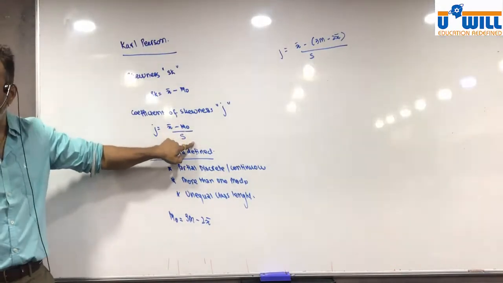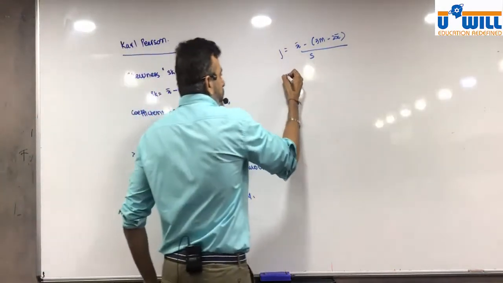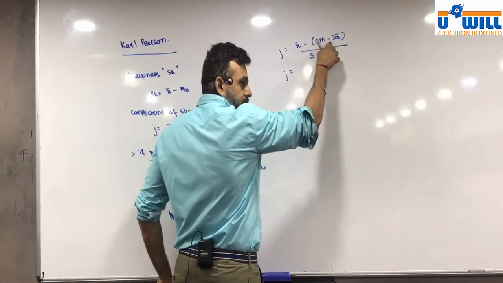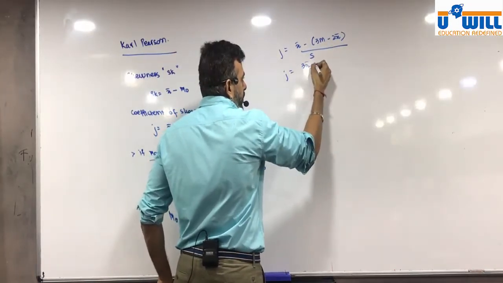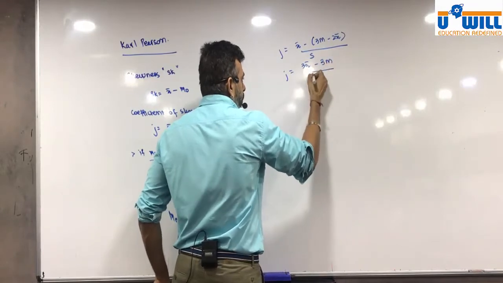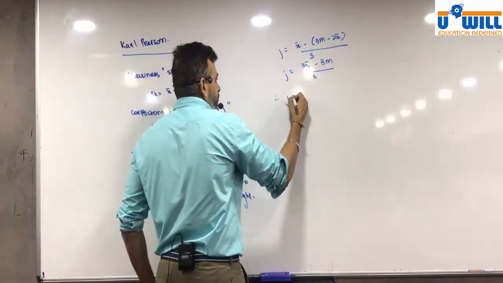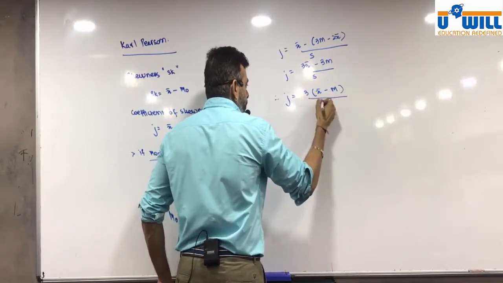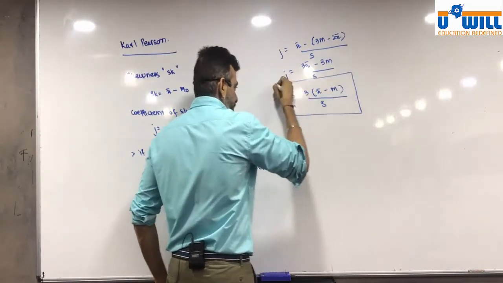Now J is equal to x bar minus, and minus will become plus, so it will be 3x bar minus 3m upon standard deviation. Therefore, J is equal to 3 common, x bar minus median upon standard deviation.